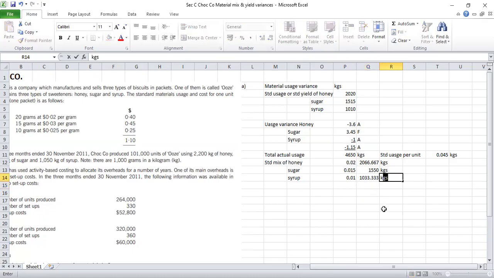Now we will do what? We will calculate mix variance. Material mix variance, honey, is equal to standard mix of honey minus actual mix of honey, which is 2200, into standard price per gram, 0.02.